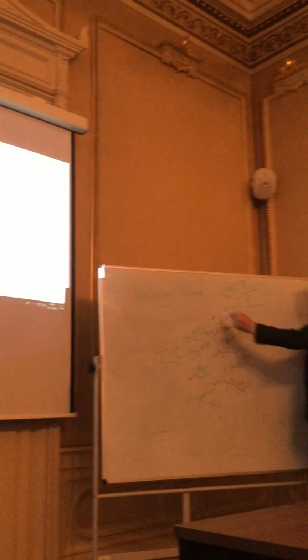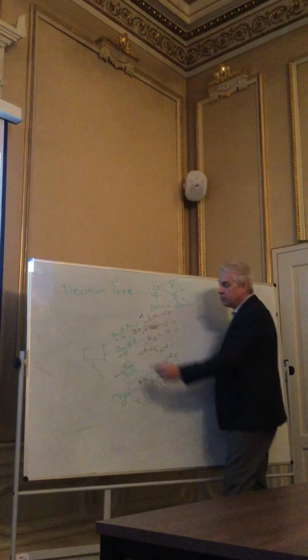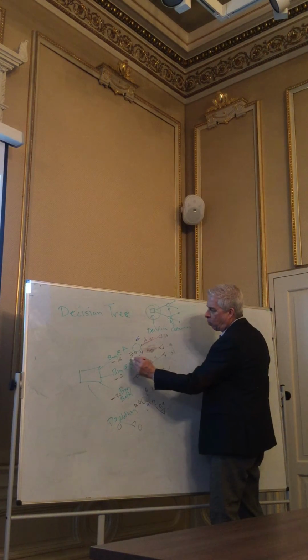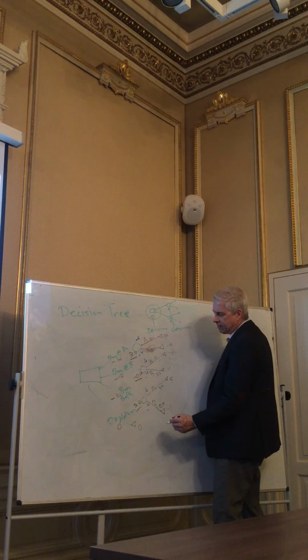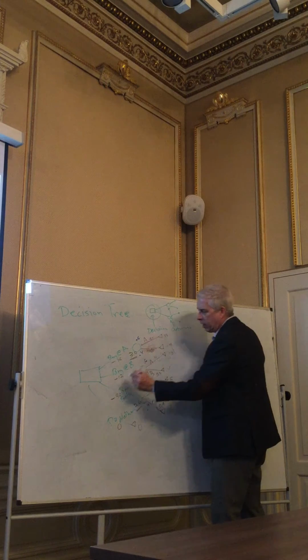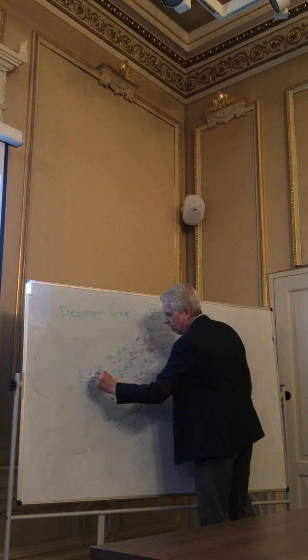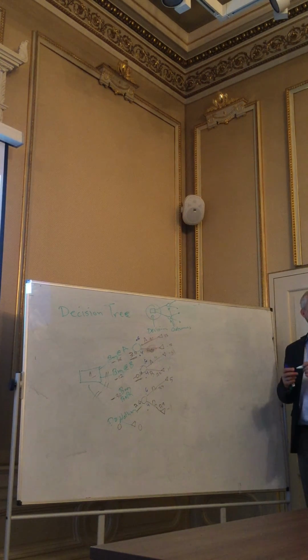Right? So at any outcome node, you take the weighted average, and then at any decision node, you prune off all but the best decision. So the best decision of these 4 looks like 3, so I would cut this one, cut this one, cut this one, and my best decision is decision number 1.